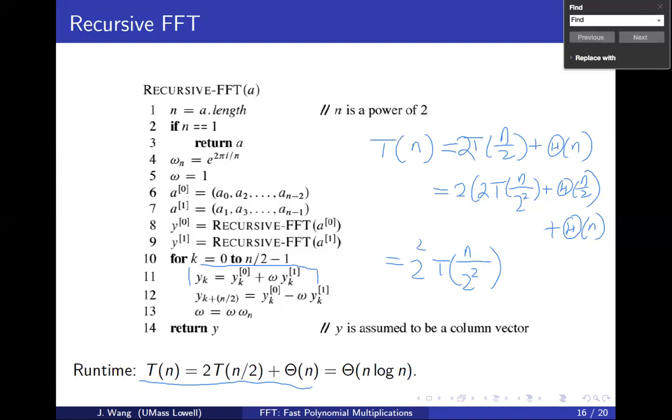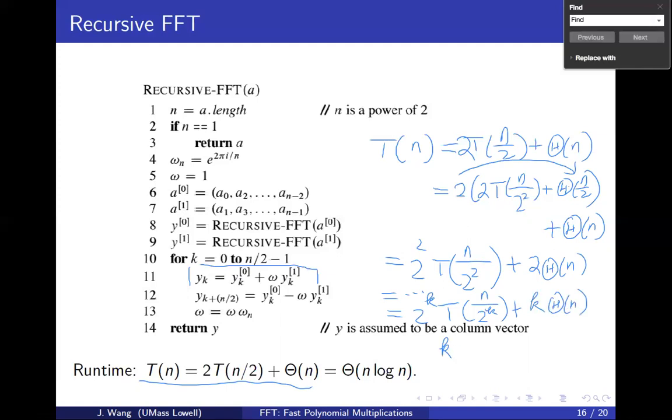Okay, and then this 2 goes in. So this becomes theta of n, so we have 2 theta of n. So you keep doing this, then eventually we get 2 to the k T of n over 2 to the k plus k theta n.